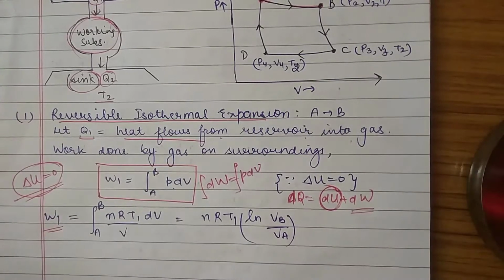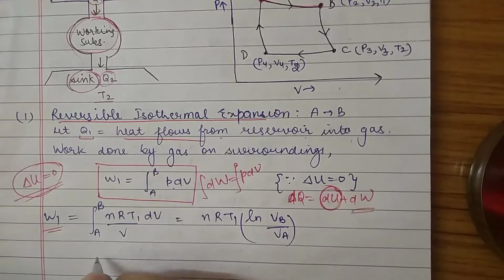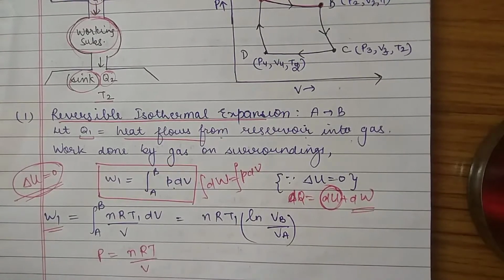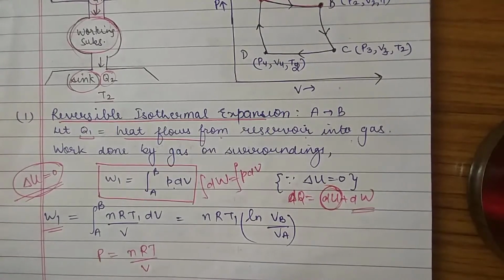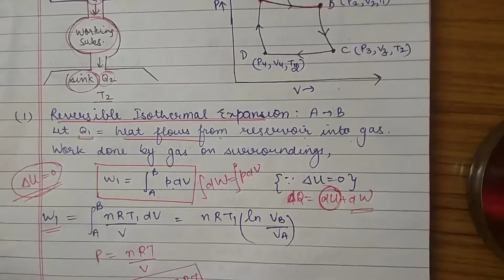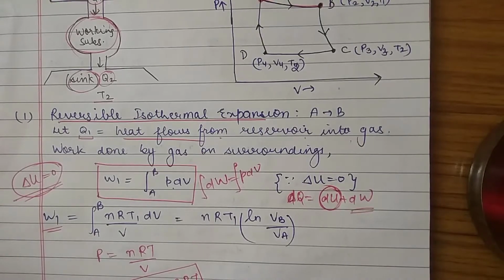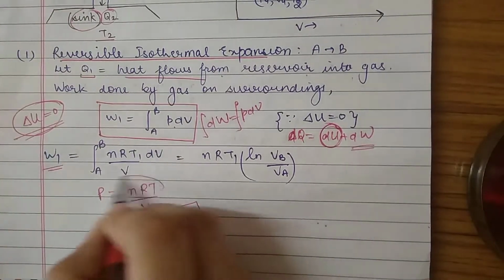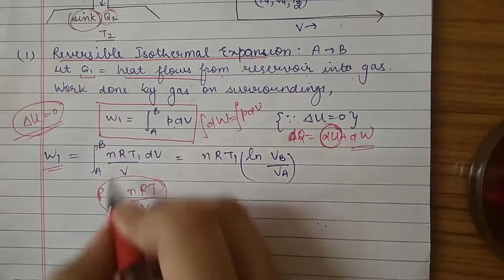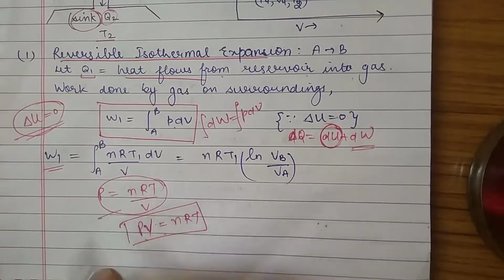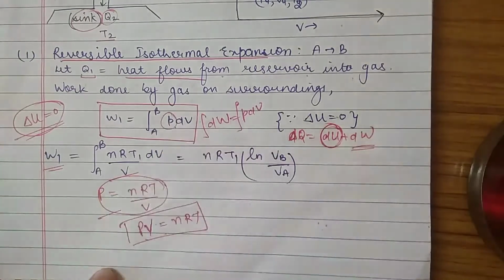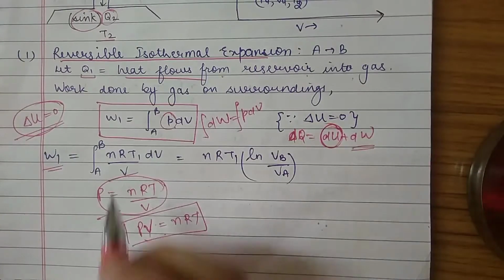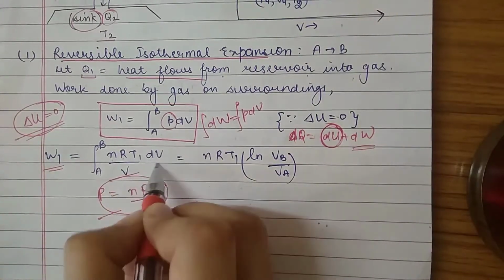So the work done will be equal to, here we will replace P with nRT by V, as we know that PV is equal to nRT. From here we have taken the value of P, so P is nRT upon V. We substitute this value of P, and here the temperature is T1, so it becomes the integral of nRT1 upon V dV.